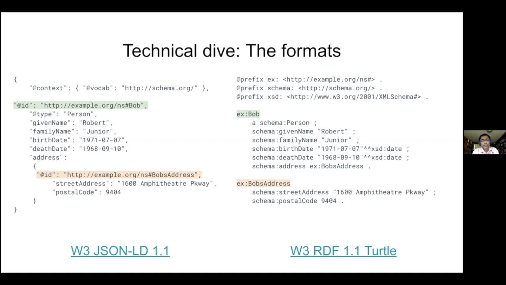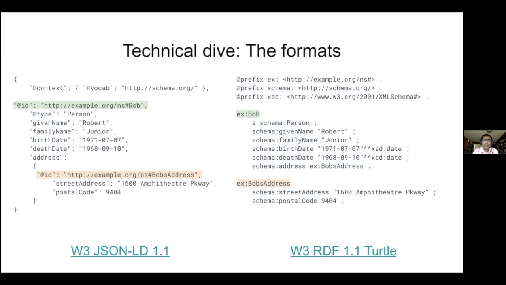On the right, we see this other representation, which is exactly the equivalent information represented using a different format called Turtle. We look at the ID, x:Bob, and in Turtle, that x: prefix turns into, as is shown on the top row, http://example.org/ns#.